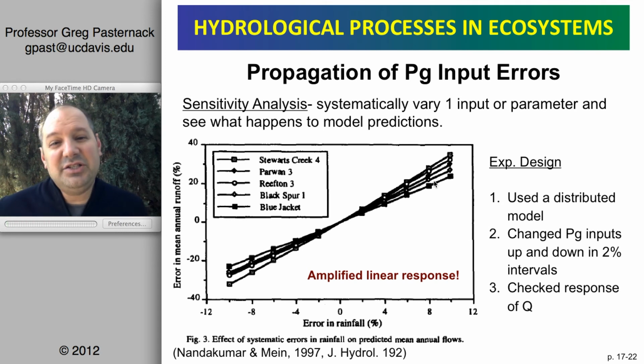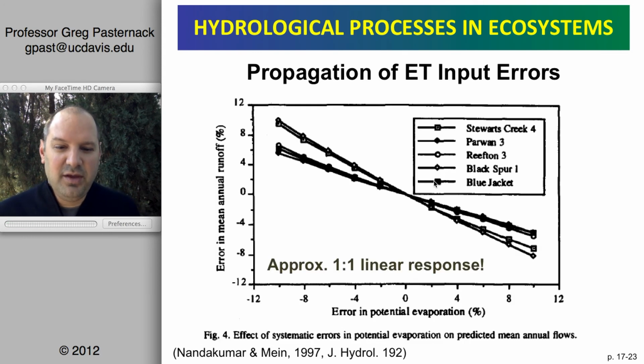So it should be no surprise, really, that if the rainfall input is wrong, then the model output is going to be wrong. Now, let's say we have another variable such as potential evaporation. In this case, if we go from -8 to +8, we go from about a 1-to-1 relationship.